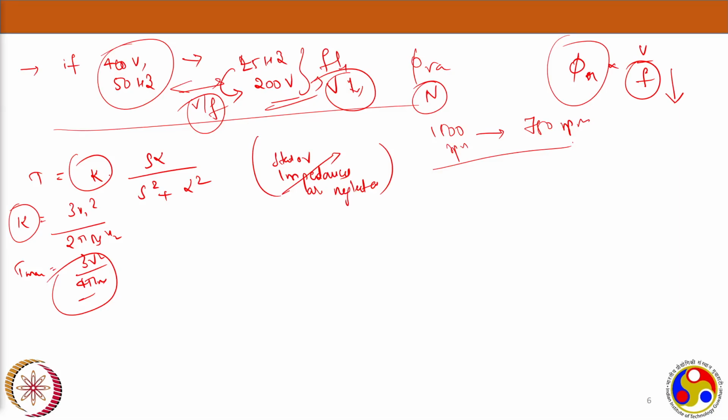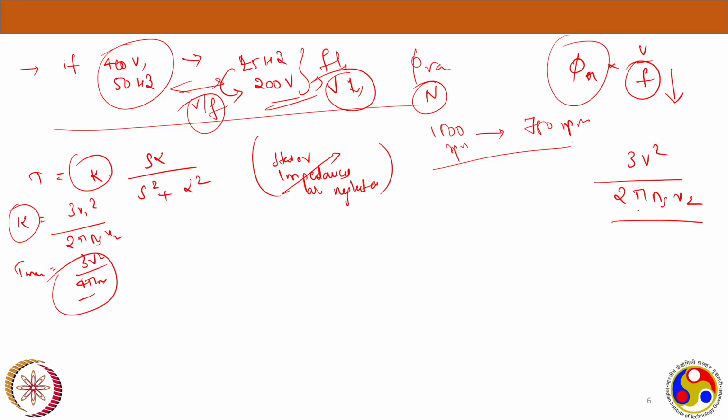Anyhow, in the denominator of K, 3V square by 2 pi ns, you have frequency dependent terms, which will decide your torque. X2 will also be there in that expression.